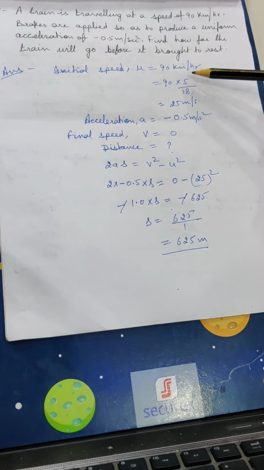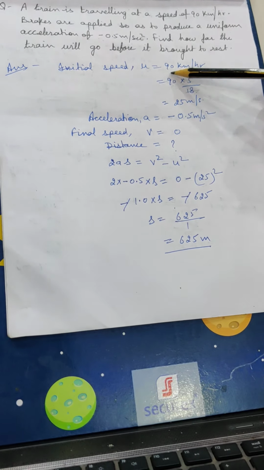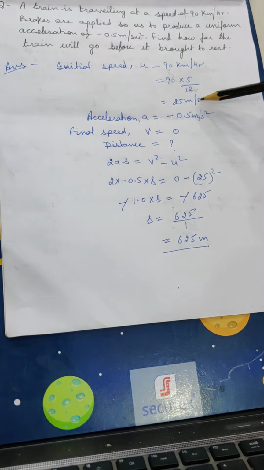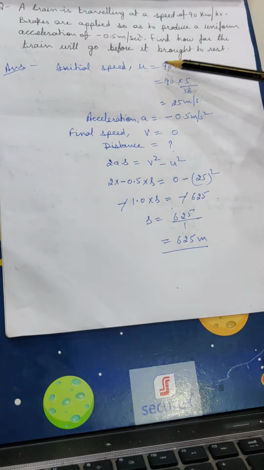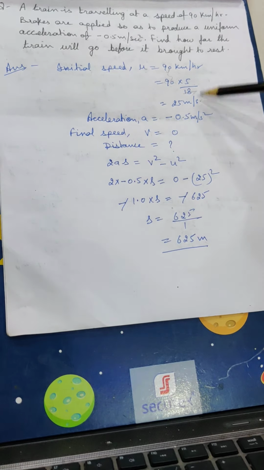So it is 90 into 5 upon 18. 18 cuts with 90 by 5. So 5 into 5, we are left with 25 meter per second. So the initial velocity u is 25 meter per second.